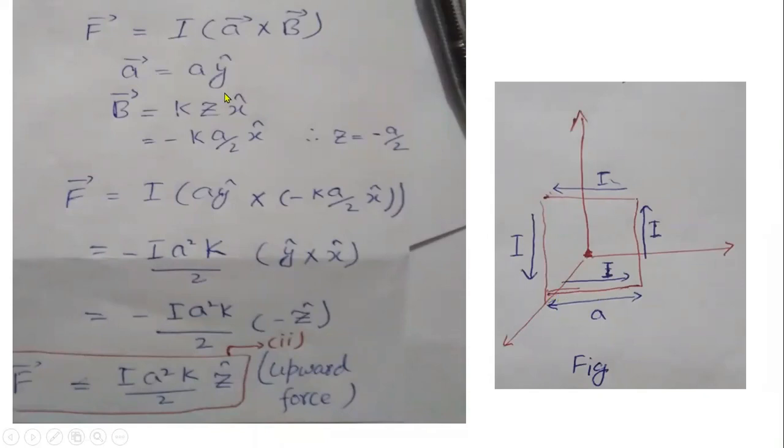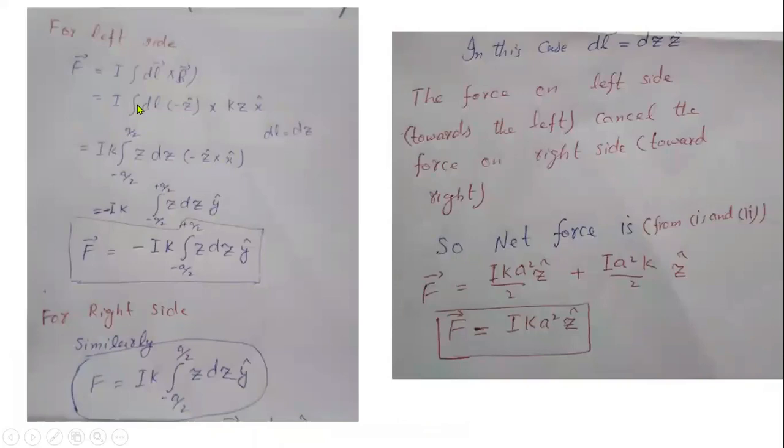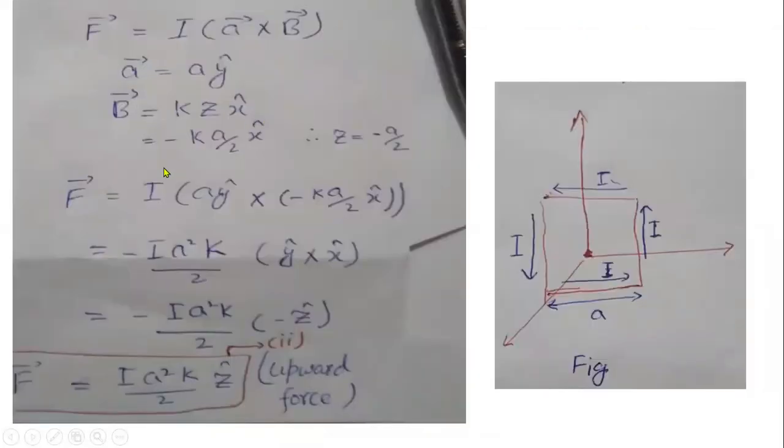B is equal to kz x̂, which is minus k a/2 x̂, where we have taken z equal to minus a/2, because the position of this side is along the negative z direction. Therefore, z is equal to minus a/2 from here to here.